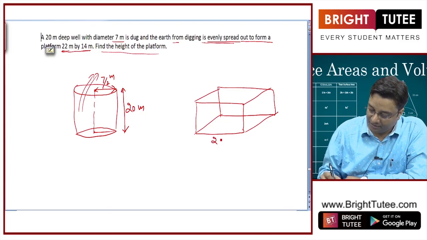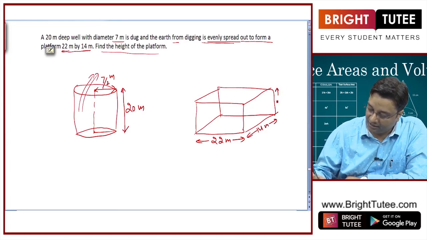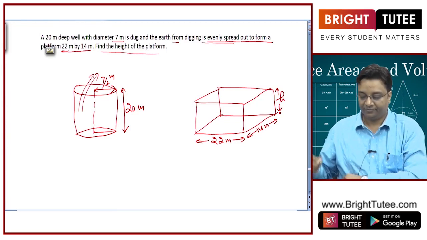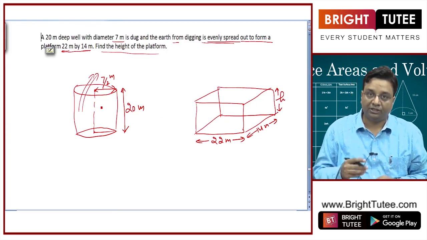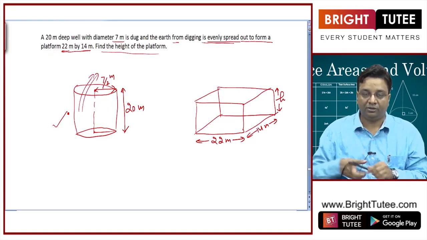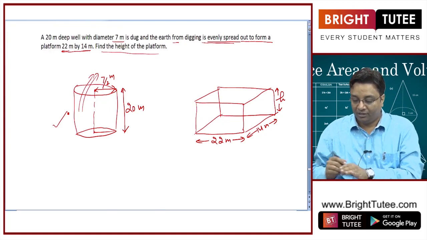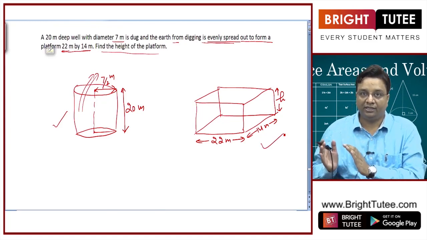We are given these dimensions, 22 meter by 14 meter, and we need to find this dimension. Here let us say it is h. So this is a well of cylindrical shape. It is dug, the earth is taken out from it, and it is spread to form this platform. This is cuboidal in shape.